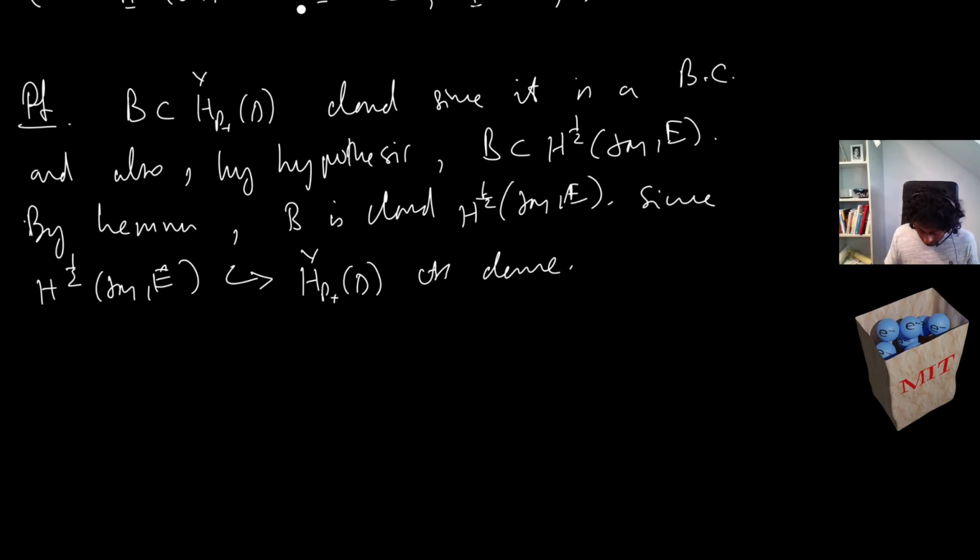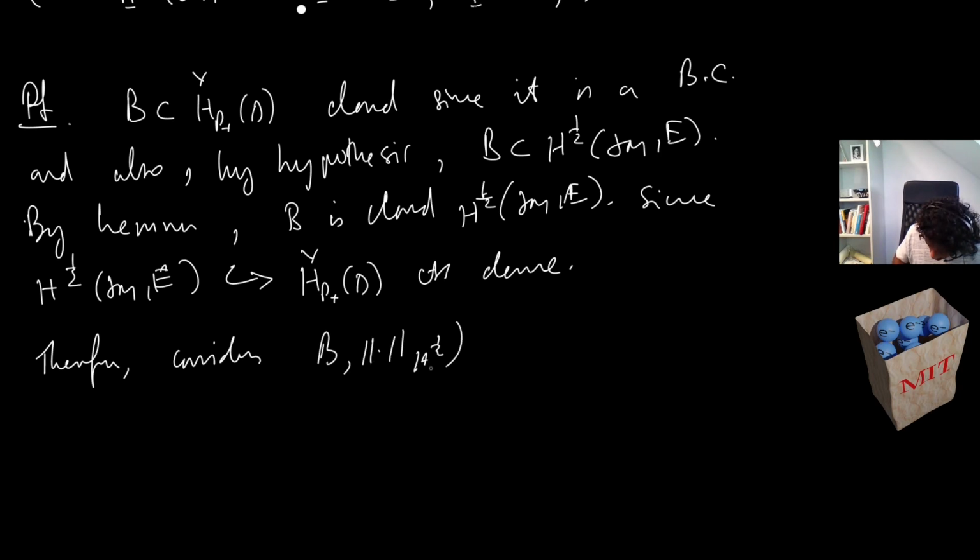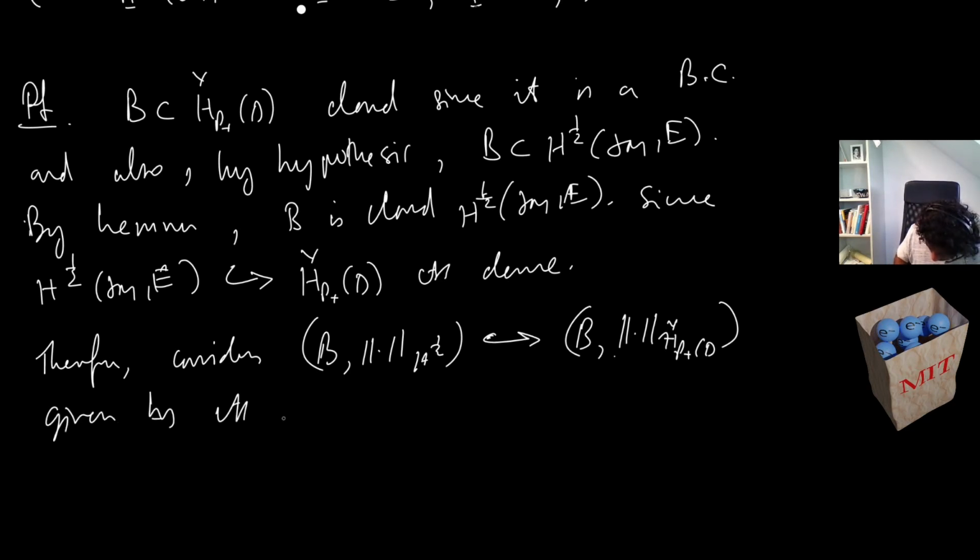So what does that really tell us? Therefore, considering B with respect to the H half norm, mapping to B with respect to the H check norm is given by a continuous bijection.